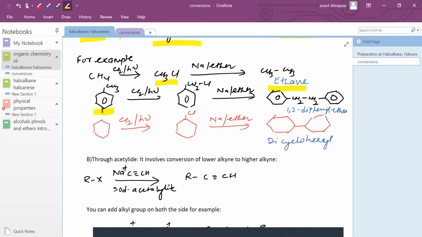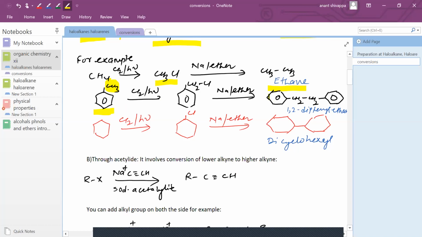Remember, no change takes place in the ring; it always takes place in the side chain. When toluene is treated with chlorine in the presence of UV light, one hydrogen from the side chain is removed and you will get benzyl chloride. And when this benzyl chloride takes part in the Wurtz reaction, you will get 1,2-diphenylethane. I repeat, 1,2-diphenylethane.